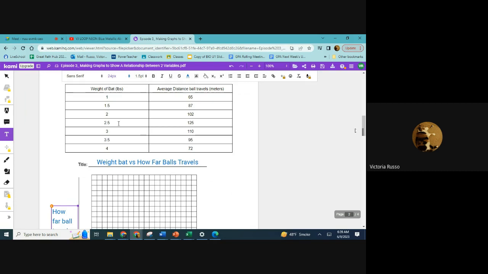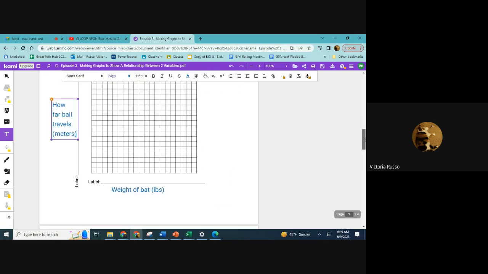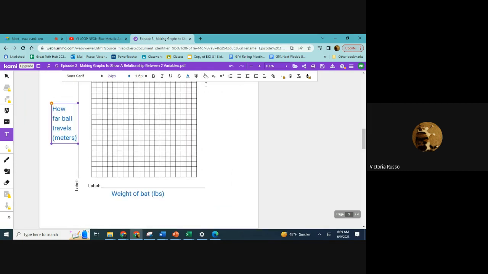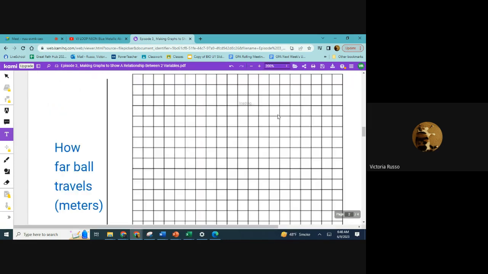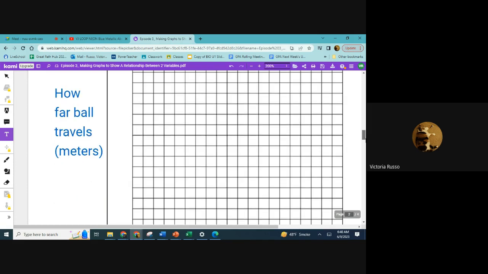If you look at the x-axis, every single time the value of the weight is going up by a half. It's going up in equal amounts. So we can just go up by a half. I'm going to zoom in, but you're going to see that the y-axis is a little bit more difficult. So I'm going to zoom in a little bit to the y-axis line so that we can label them and look at them better.